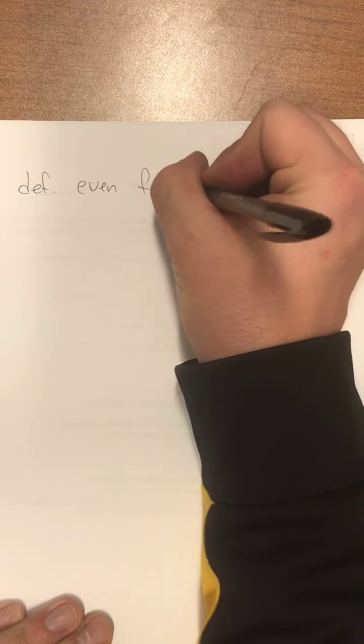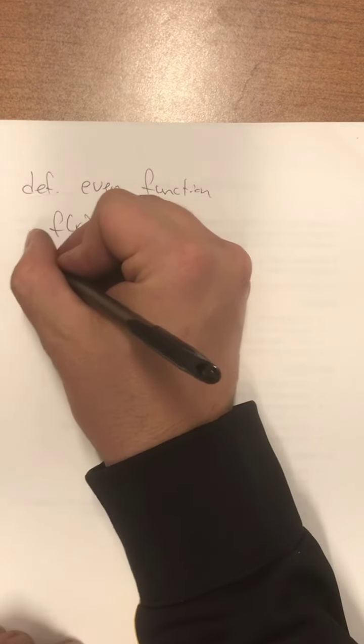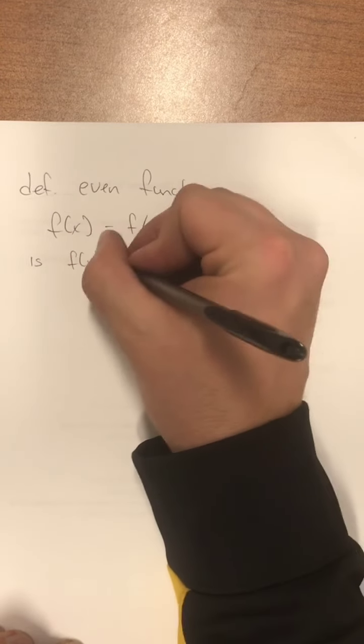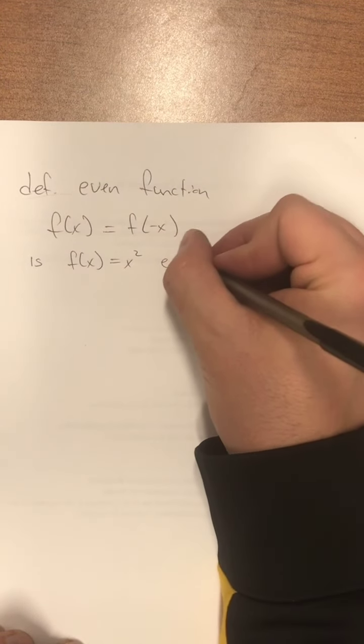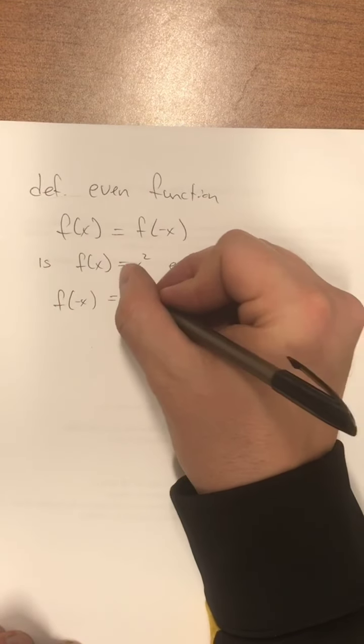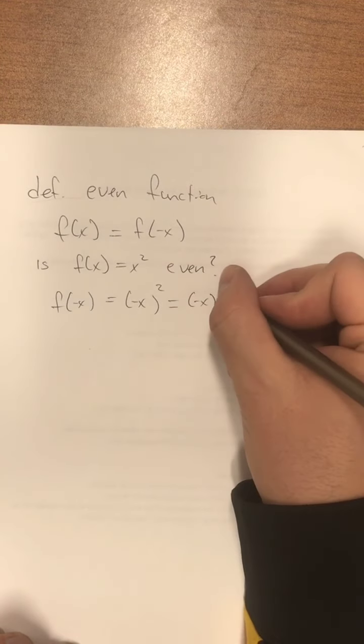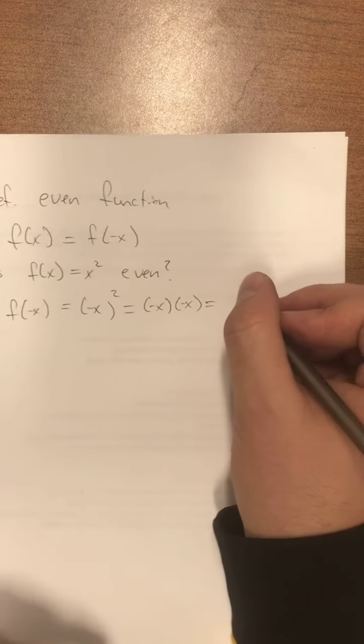The definition of an even function is if the original function is equal to f of negative x. And to show that x squared is an even function, we can check the definition.